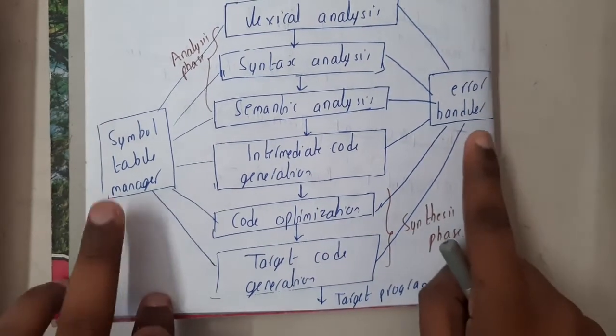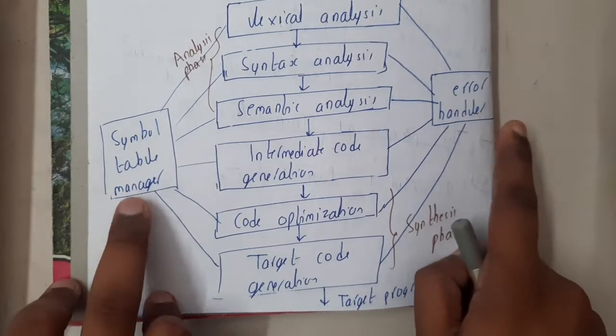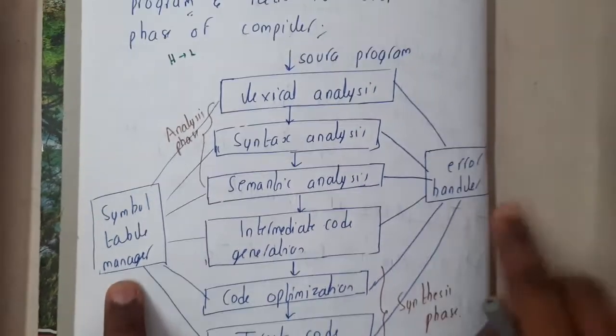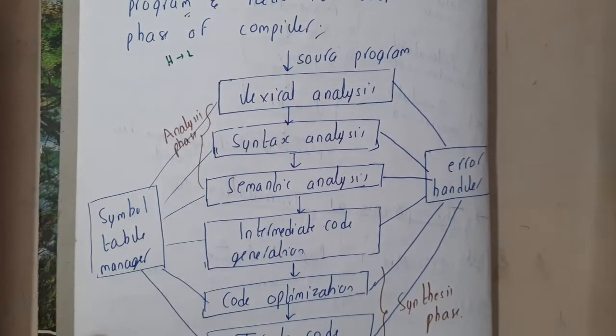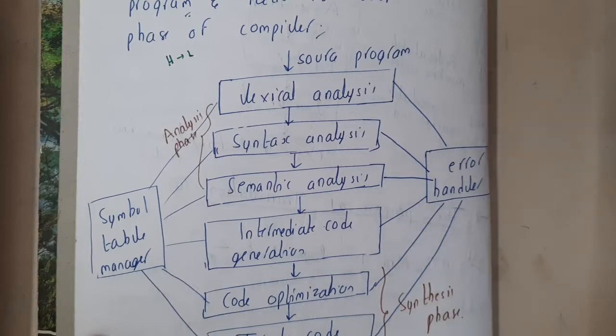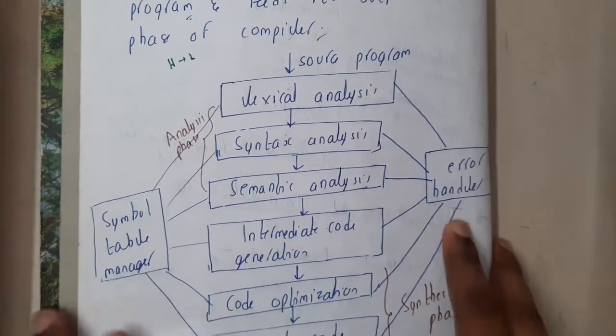On both the other sides, we have the symbol table manager and the error manager. I'll be explaining each and every one of them in detail, guys: what we are going to give as input and what output we are going to get. Okay, let us continue.